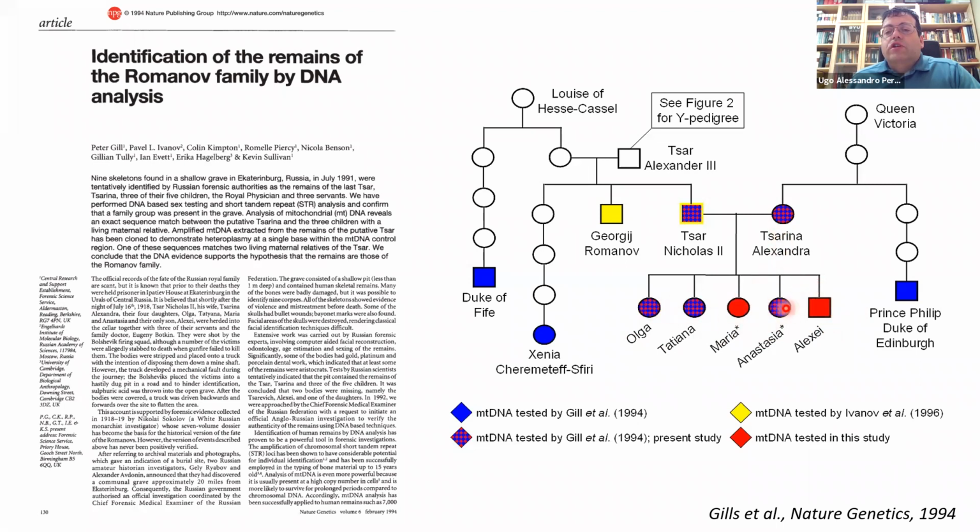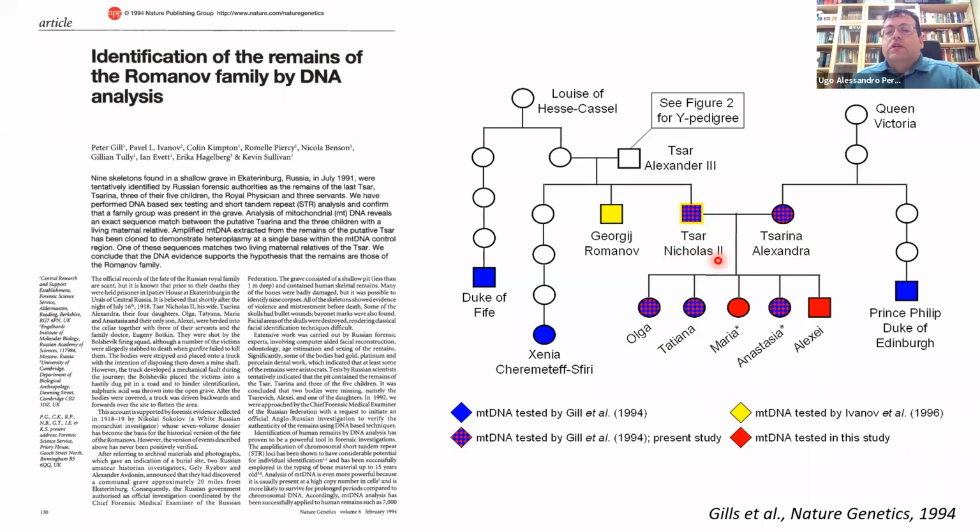Of course, all the children would have the mitochondrial DNA of their mother, and so what we needed to do now is to verify that this was indeed Alexandra's mitochondrial DNA. Then the father would have had a different mitochondrial DNA, and he would have received that from his mother, and so a different type of test needed to be done.